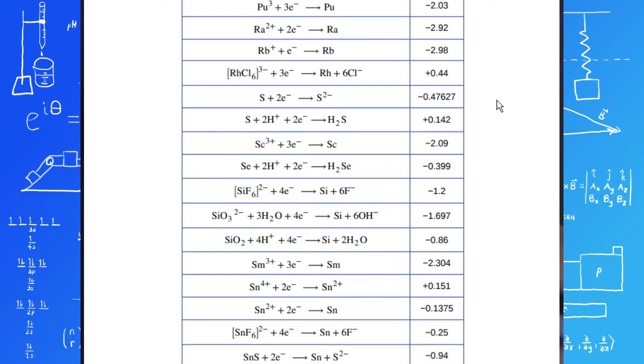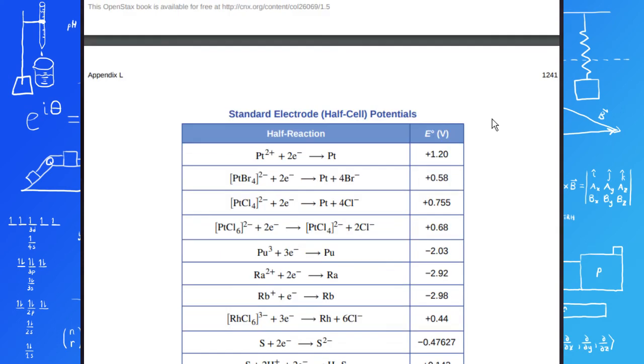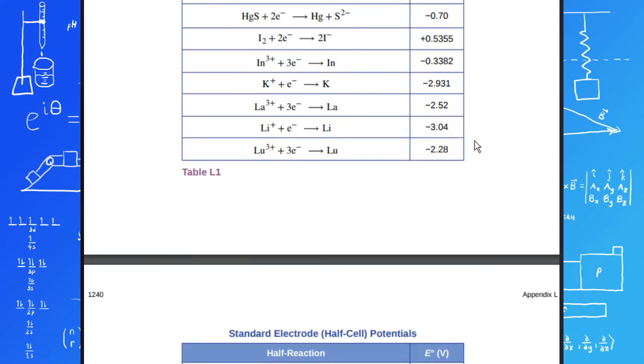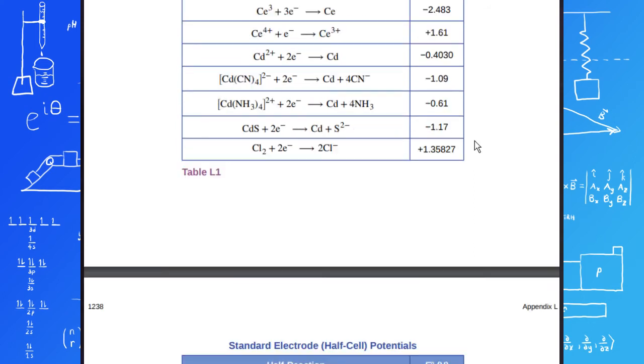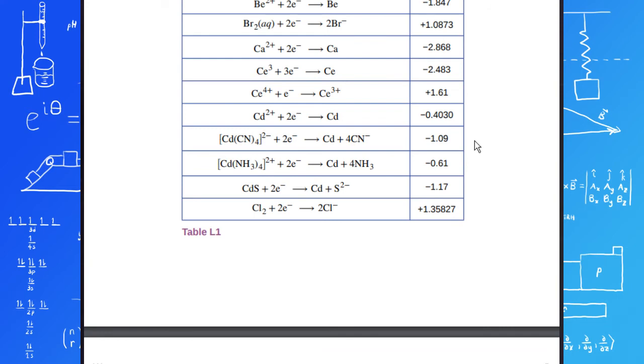E reduction of sulfur is negative 0.47627 volts. And then E oxidation of cadmium is what I'm going to list. Let's go ahead and find it. Okay, found cadmium.